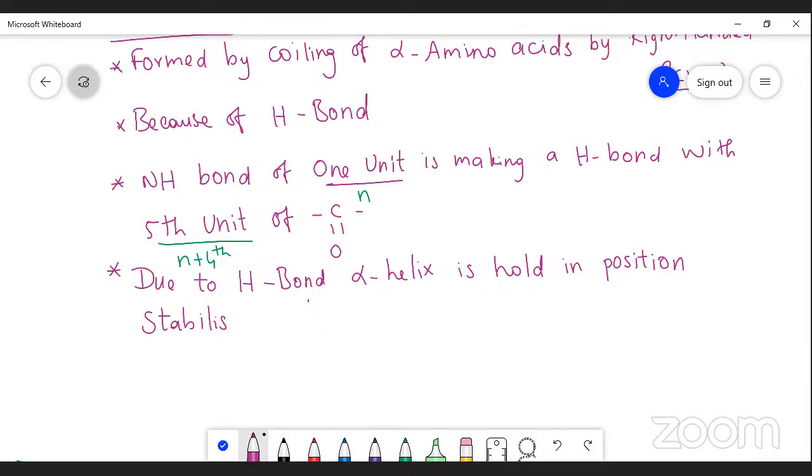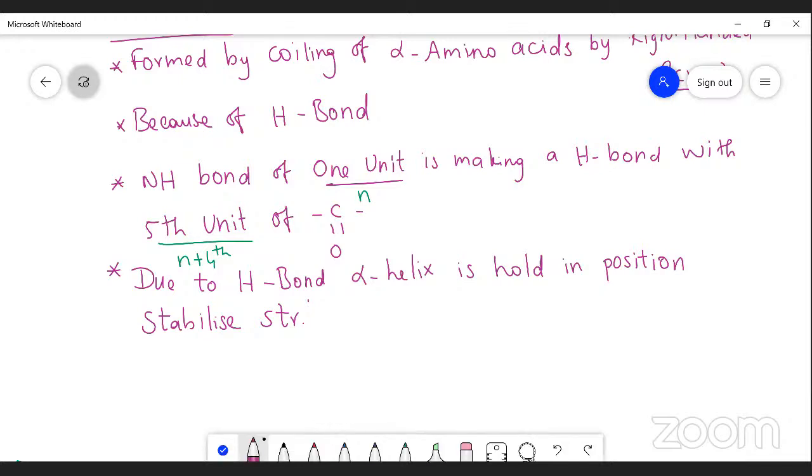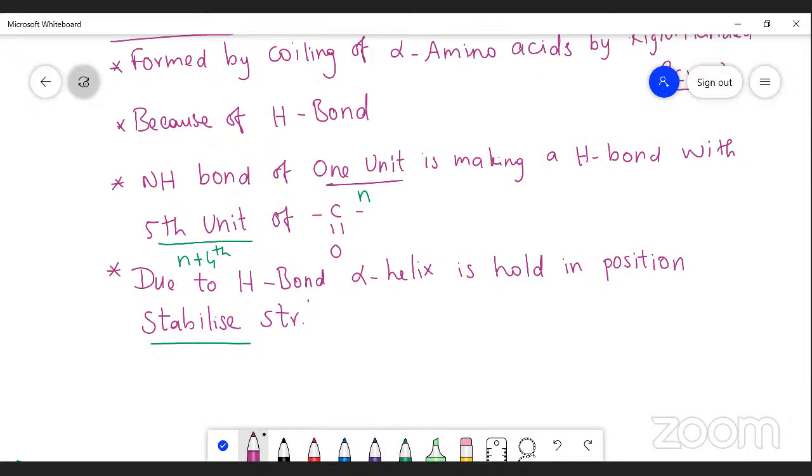So which one stabilizes the alpha helix structure? That is the hydrogen bond. The alpha helix structure is formed by coiling of alpha amino acids, and it is due to making a hydrogen bond between N and N plus 4 that we stabilize the alpha helix structure.